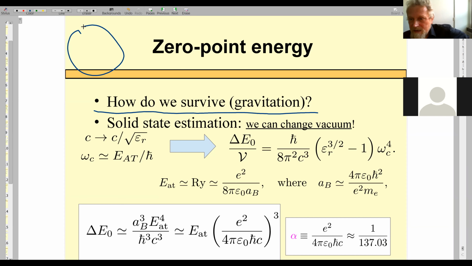So in supersymmetry, at least there's no divergence at high energies for the contribution to zero-point energy. But anyway, it remains finite, and in a very big universe, it would still result in tremendous gravitational forces. So there's no answer to this question. I'm sorry.